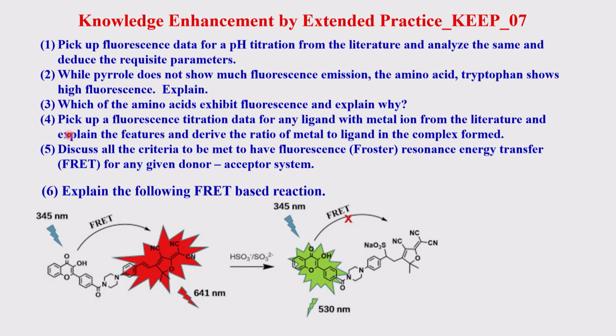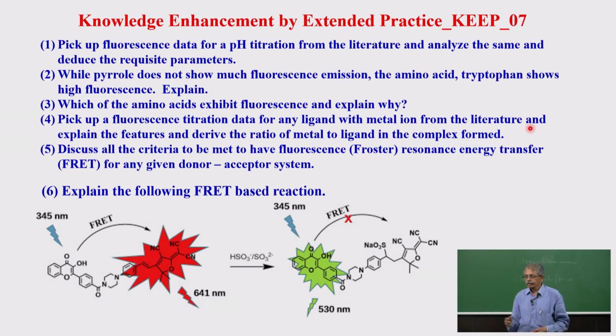Okay, look at another example. Pick up a fluorescence titration data for any ligand with metal ion titration from the literature, and explain the features and derive the ratio of the metal to ligand in the complex form. Also, I have shown already such examples in my lectures. Don't take the same things, please take new data from the literature. So what all can you get?